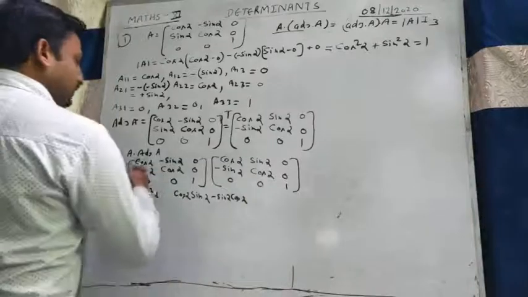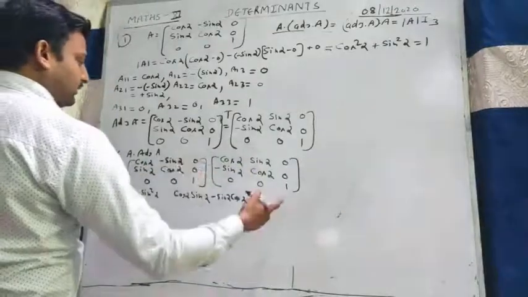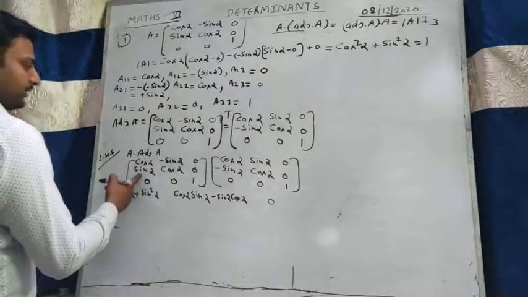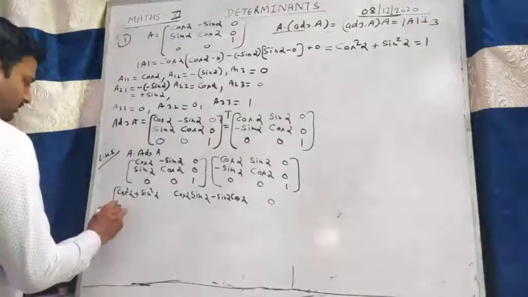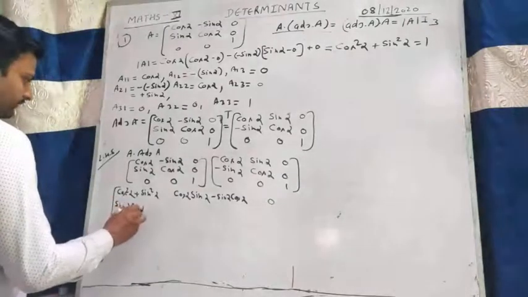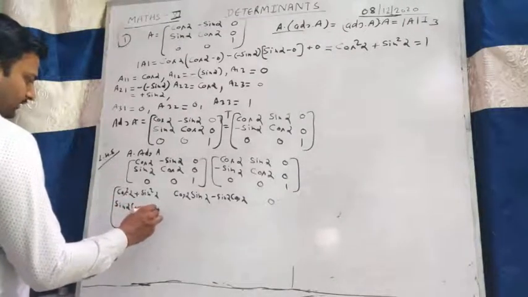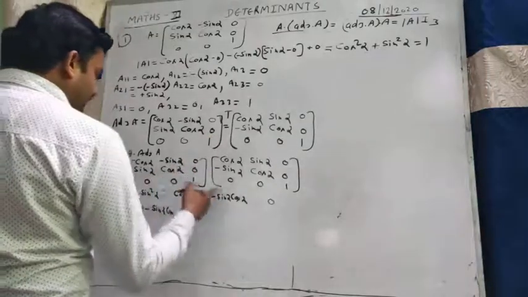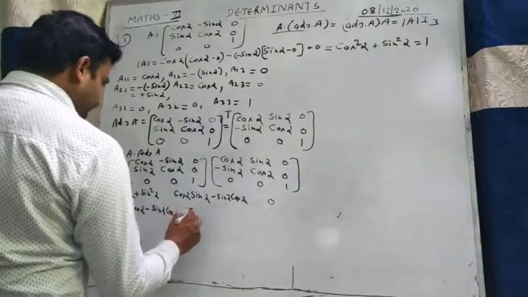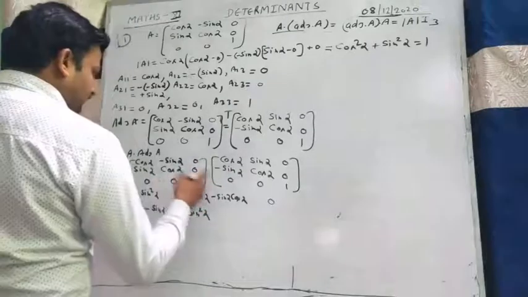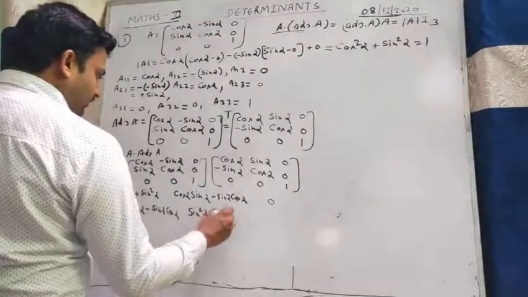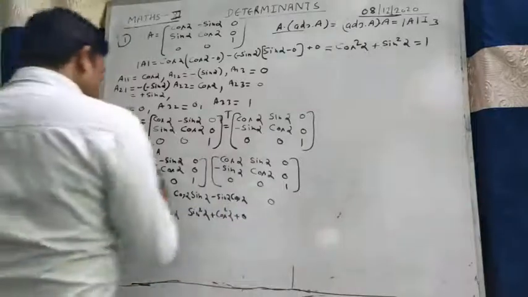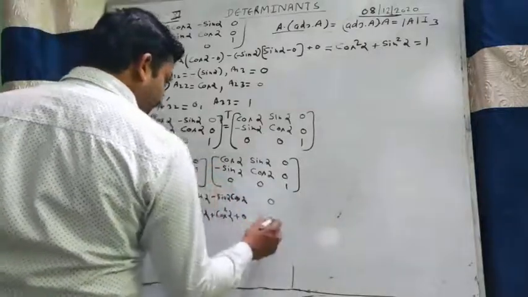Now this term is 0, 0 and 0. Next, multiply this: sin alpha cos alpha minus sin alpha cos alpha, and this is 0. And next, sin square alpha plus cos square alpha, and third 0, 0 and 0.